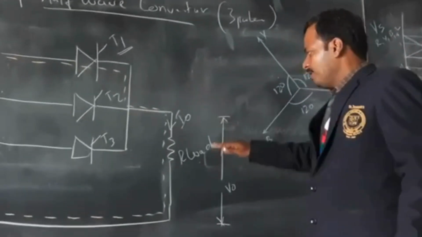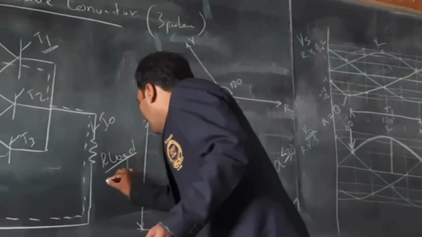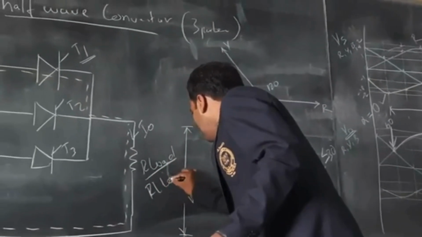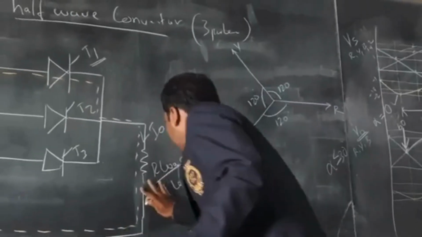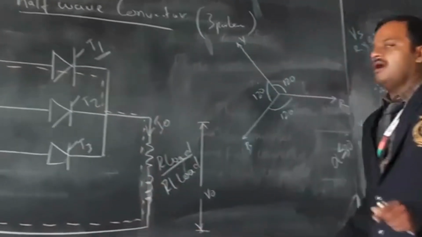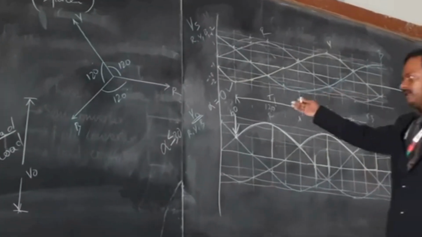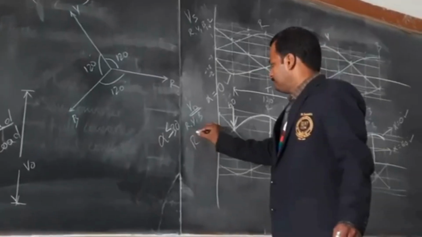Okay. Now we are going to see the RL mode. This is for the R mode, and now we are going to see the RL mode. For RL mode, the same supply waveform.